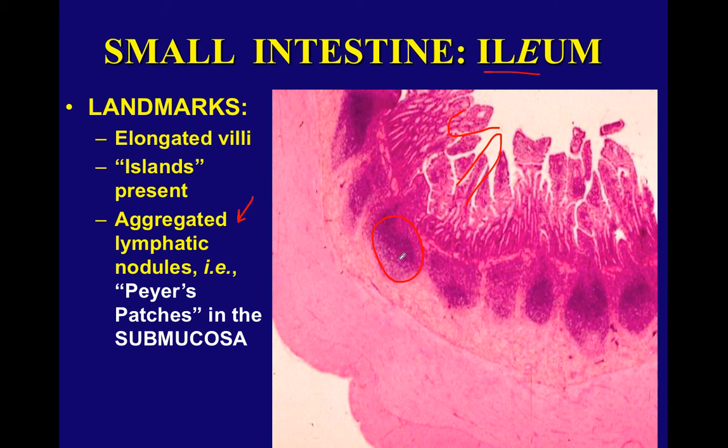These aggregated lymphatic nodules are called Peyer's patches, and they are only found in the submucosa of the ileum. So the duodenum has Brunner's glands in the submucosa. In the ileum we have the Peyer's patches. In the jejunum we don't have either the Brunner's glands or the Peyer's patches.